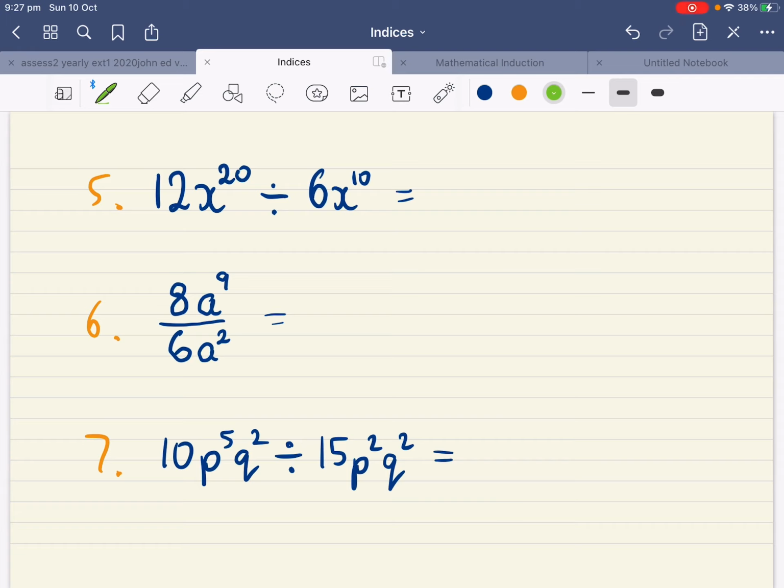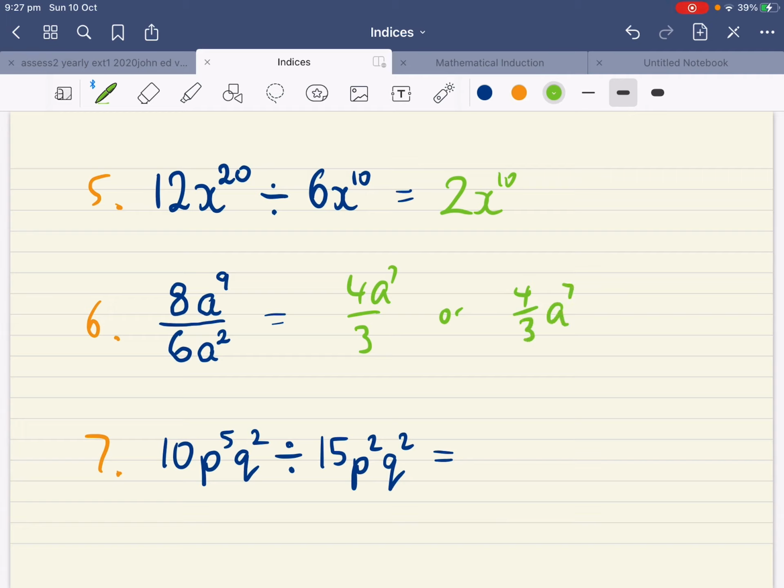All right, so for question 5, hopefully you just had an ordinary 2 with an x to the 10. Question 6, these ones here, again, are going to stay as a fraction. 4 over 3, and you should have ended up with an a to the 7, which you could put at the top, or if you wanted, you could have written it next to it.